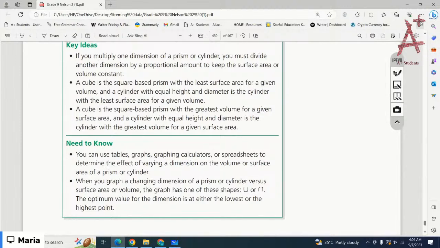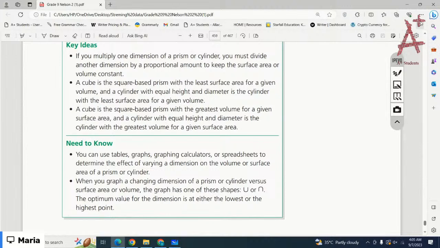A cube is the square-based prism with the greatest volume for a given surface area, and a cylinder with equal height and diameter is the cylinder with the greatest volume for a given surface area. You can use tables, a graphing calculator, or a spreadsheet to determine the effect of varying a dimension on the volume or surface area of the prism or cylinder.